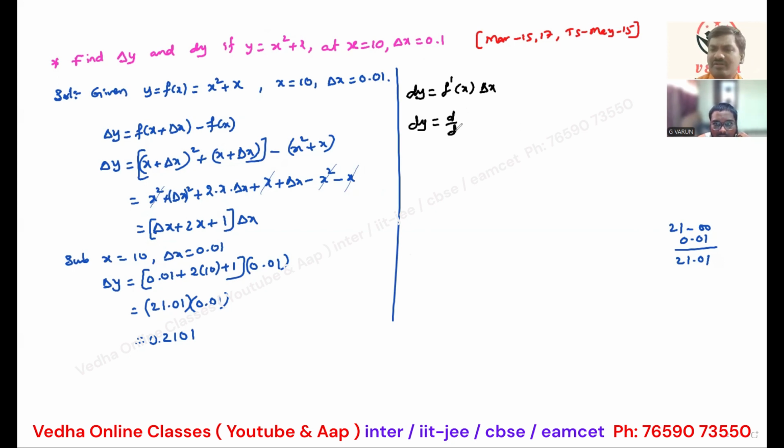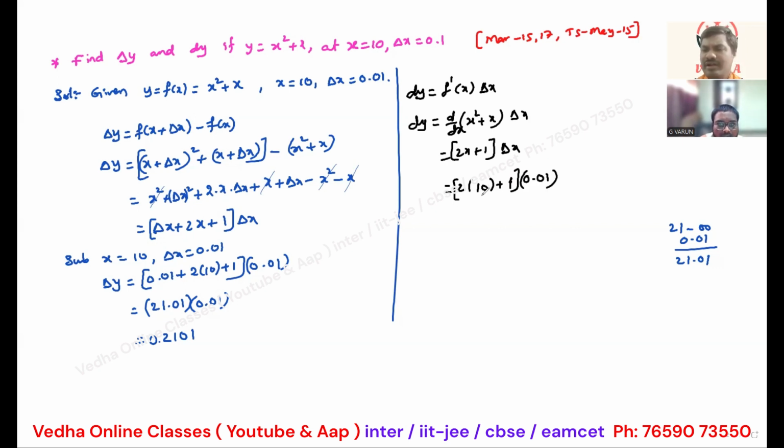That means we have to differentiate the function x square plus x into delta x. X square derivative is 2x and x derivative is 1. And delta x. So 2 into x value 10 and the 1 is as it is. And delta x value is 0.01.